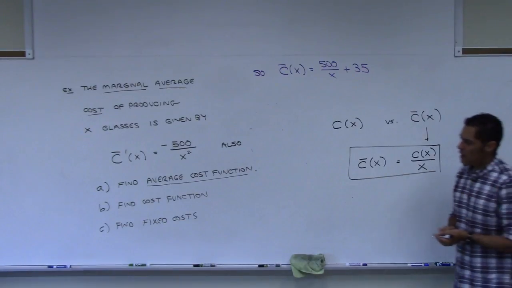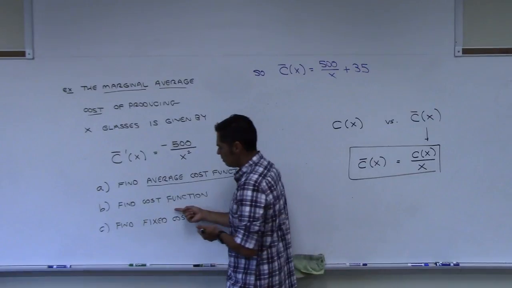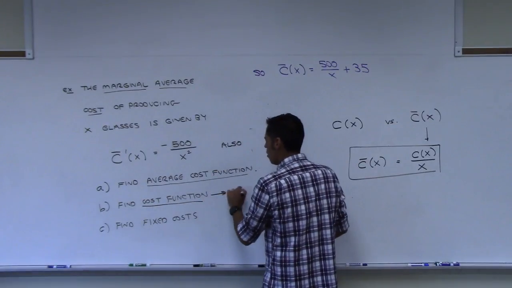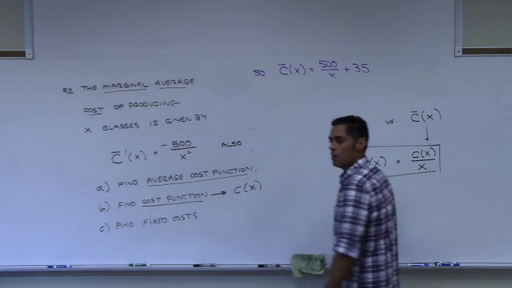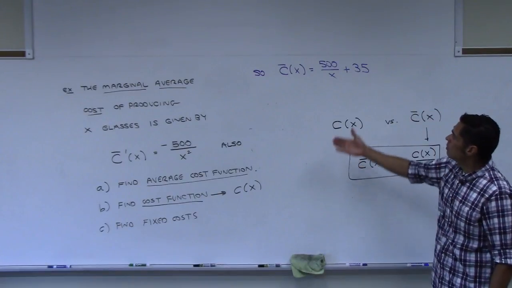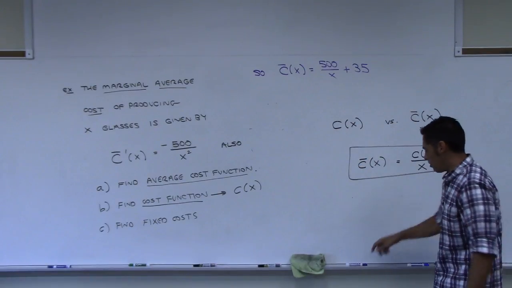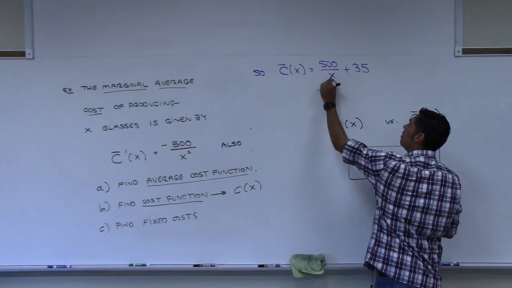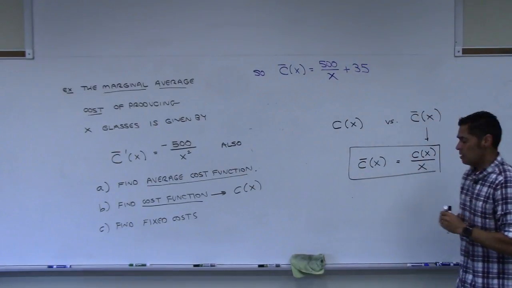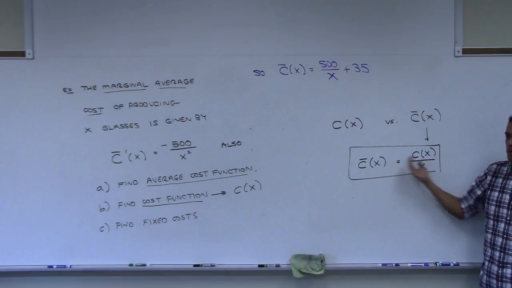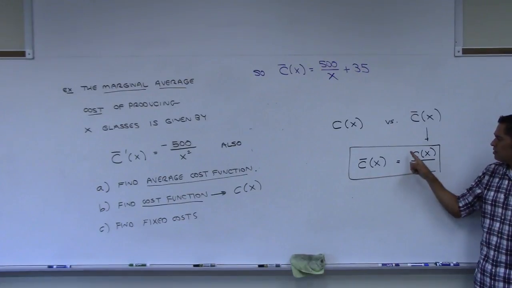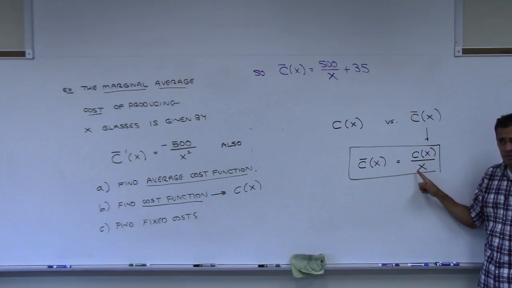What are we trying to find in this part B? Cost function. So we want to know what this is, right? What do we know though? We know the average cost, right? We have this function up here. How are the two related to one another? The average cost is our cost function divided by X, right?